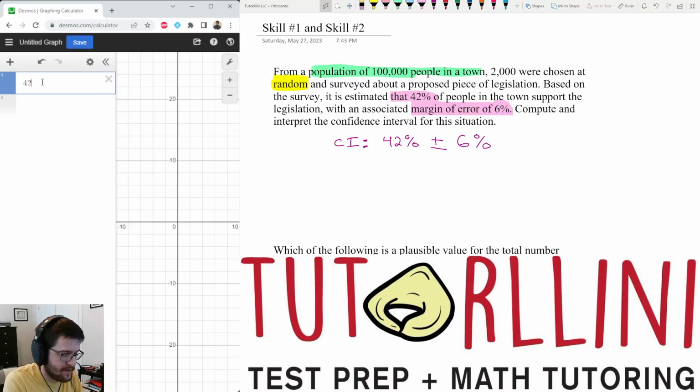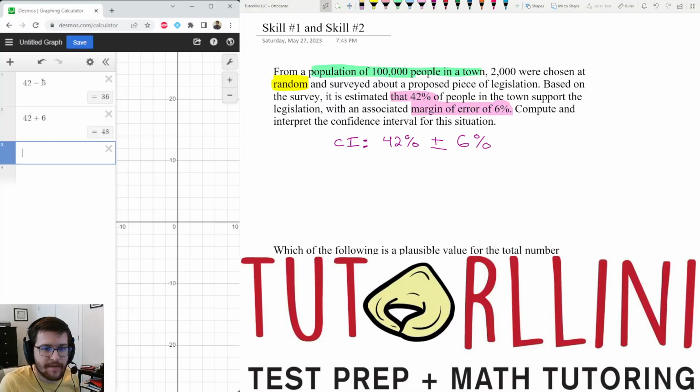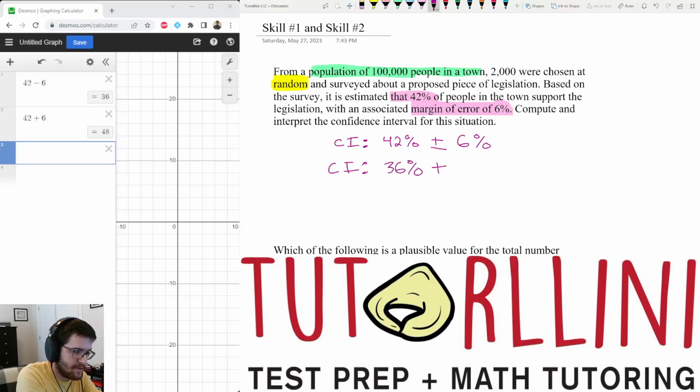So 42 minus 6, and then we're going to do 42 plus 6, and that gives us 36 to 48. So 36% to 48% are going to support the legislation. Okay, so we're all good there.